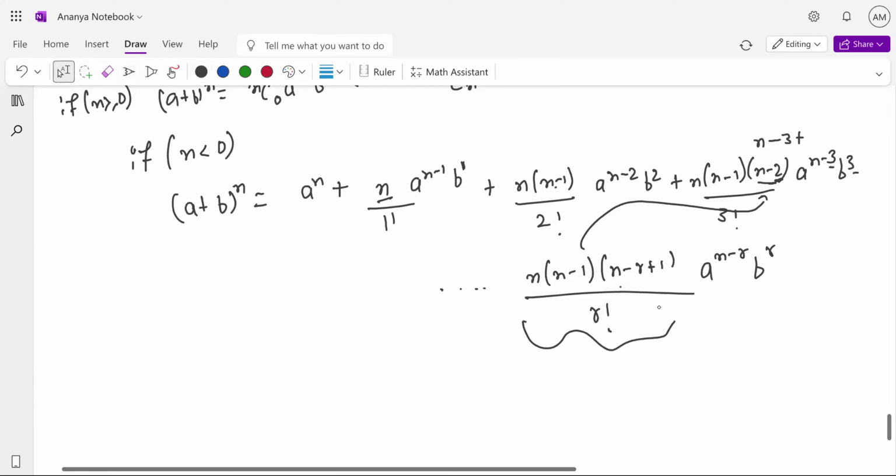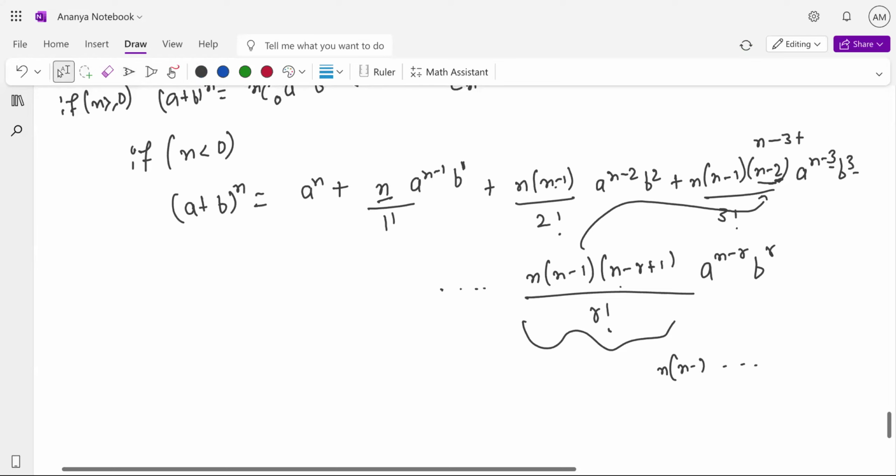But in the last term, sir, why are we not writing n minus 2 into n minus 3 and so on and so forth until n minus r plus 1? Is that what you are asking?